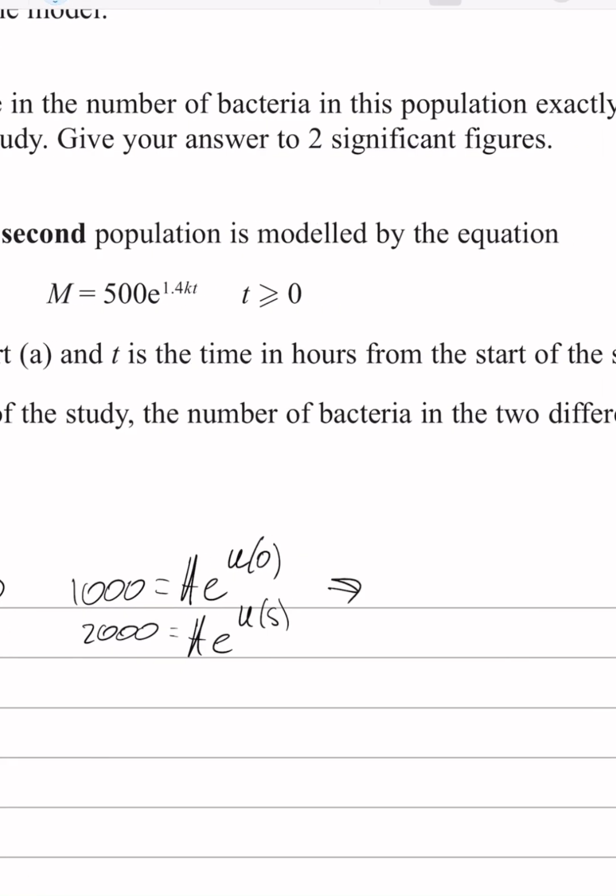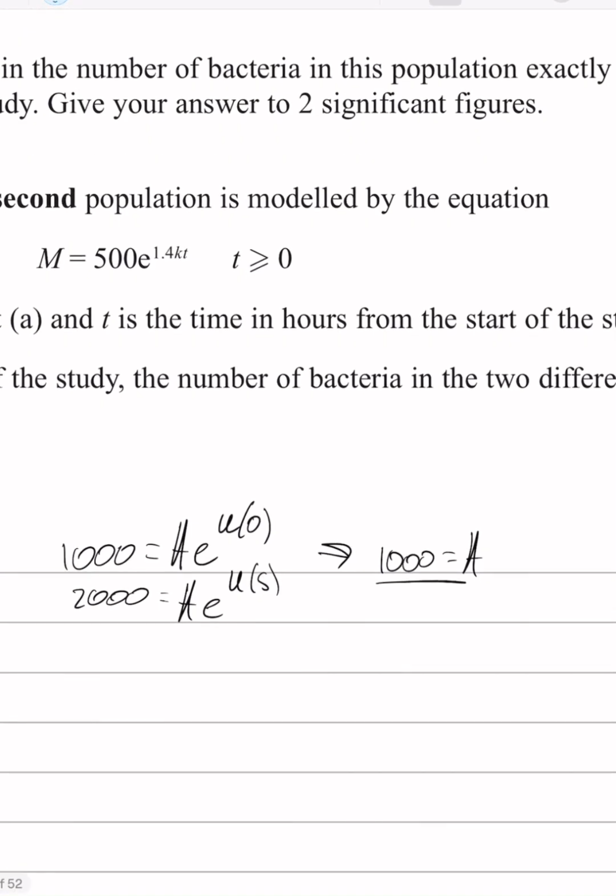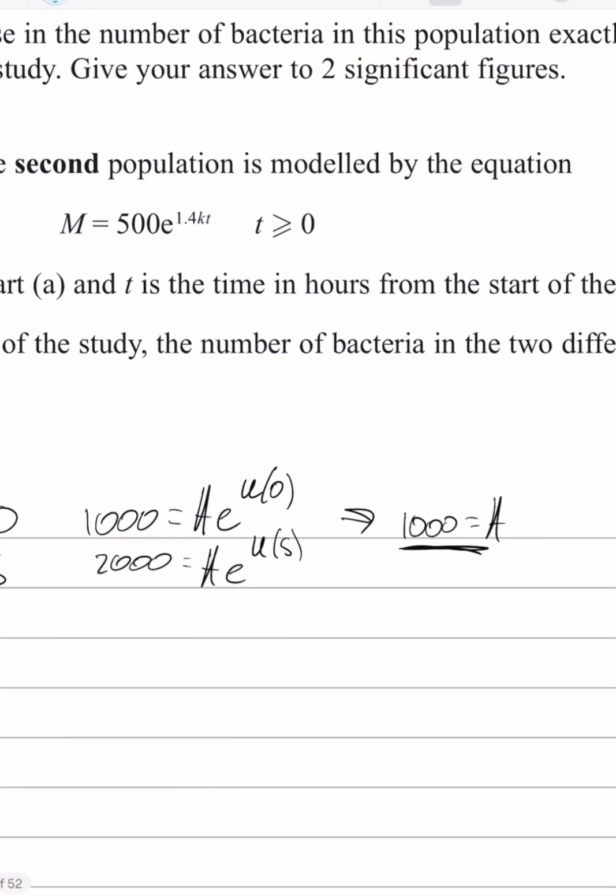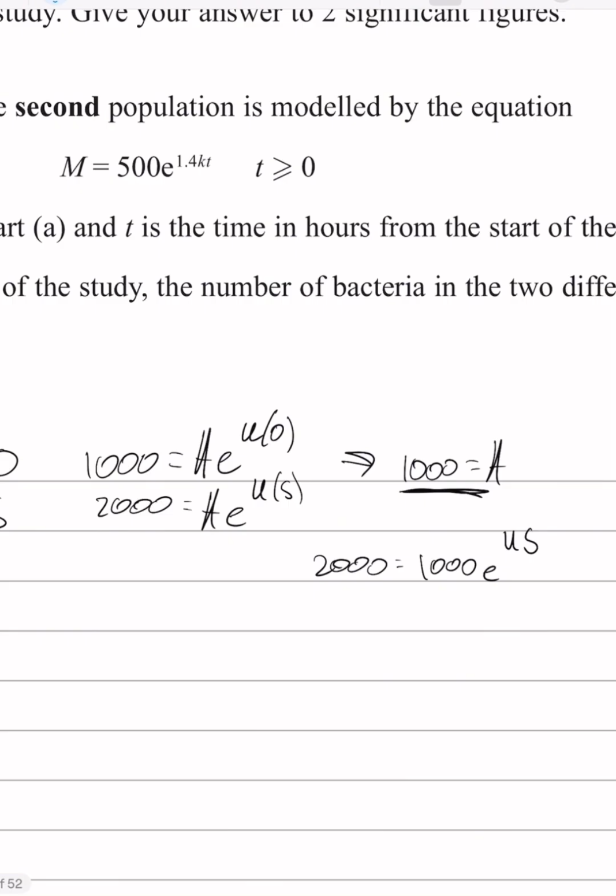This would give us 1000 equals a e to the 0, which is basically just 1. So a is 1000. Therefore, we get this, which is basically e to the 5k equals 2.